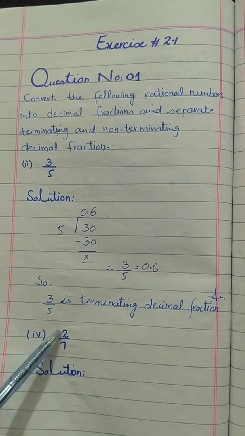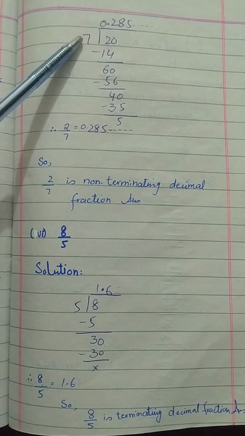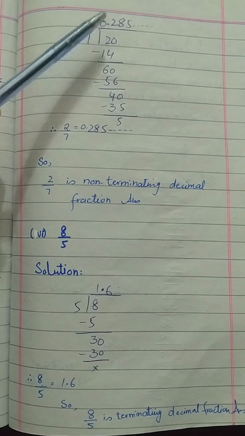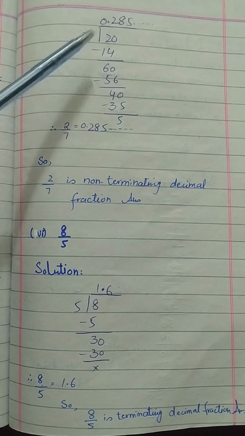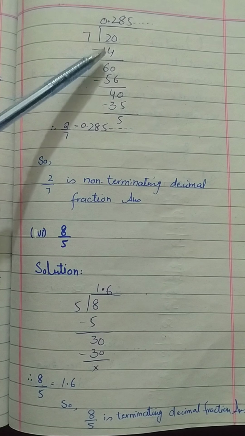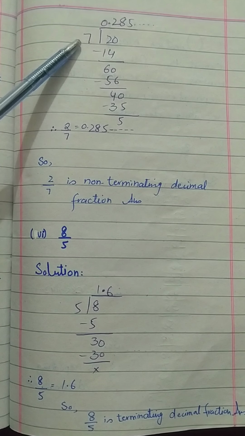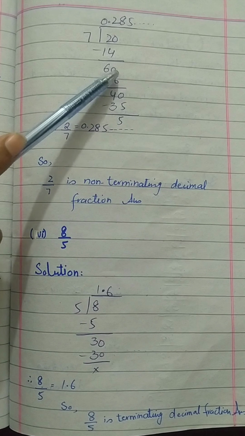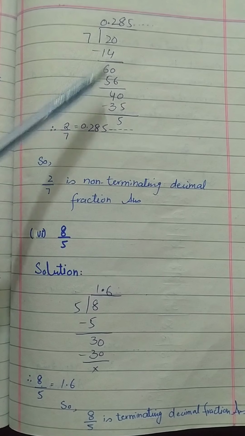The next value is 2 by 7. We divide 2 by 7. 2 is smaller than 7. So we put 0 for the smaller value and then a point to get 0. Now this value becomes 20. 7 2s are 14, which is smaller than 20. So we subtract 14 from 20 and get 6. 6 is less than 7. So we get another 0 and this becomes 60. So 7 8s are 56.